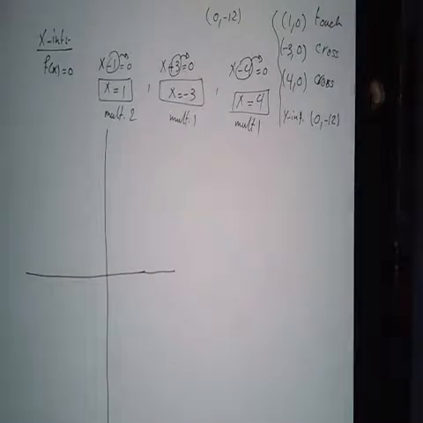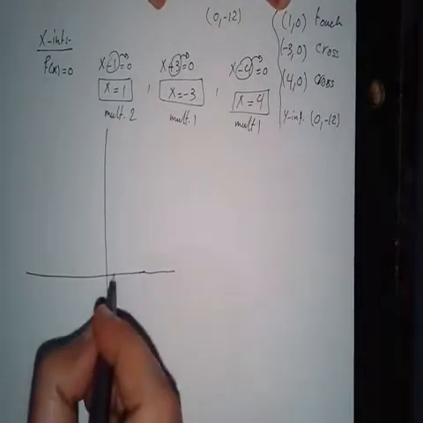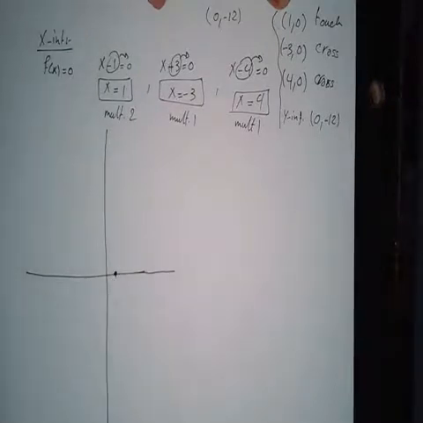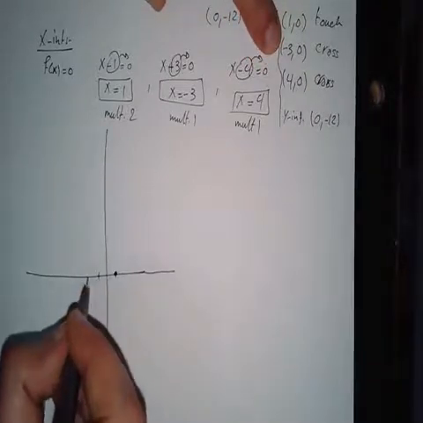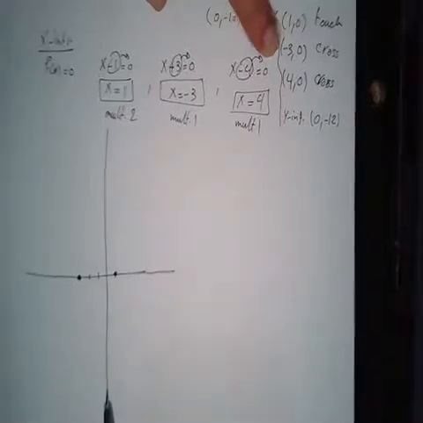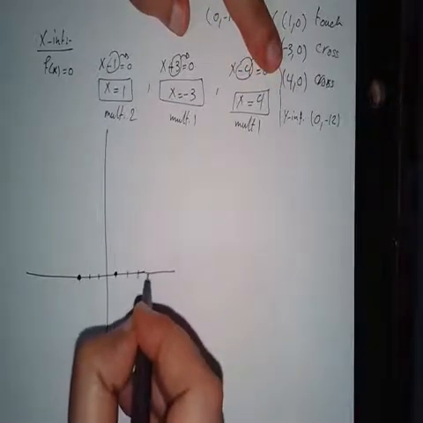Alright, if you're ready, let's go. First point, 1, 0. So let's call this 1 and put the 0 right here. Next one is negative 3 and 0. It's 1, 2, 3. So this is negative 3 and 0. Next one is 4 and 0. So it's 2, 3, 4.